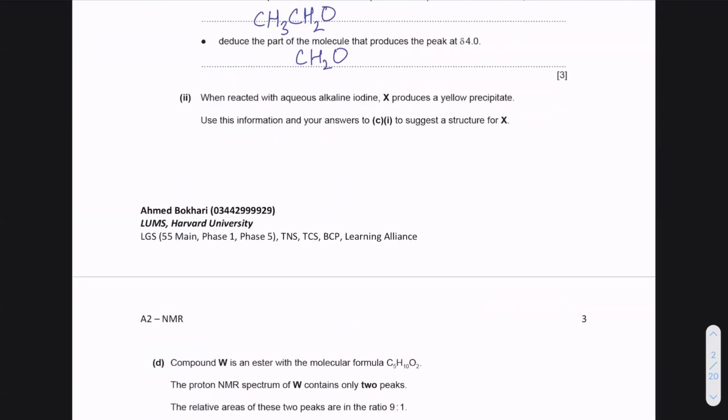When reacted with aqueous alkaline iodine, X produces a yellow precipitate. ये aqueous iodine वाला reaction किधर होता था? Do you recall? Iodoform reaction है ये.